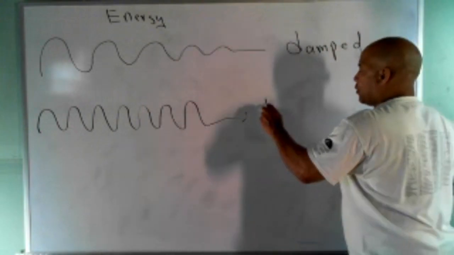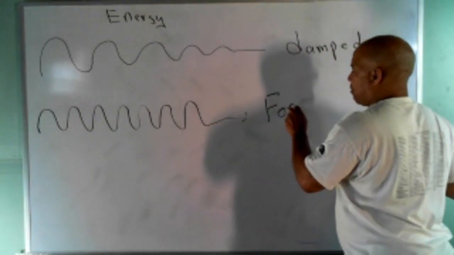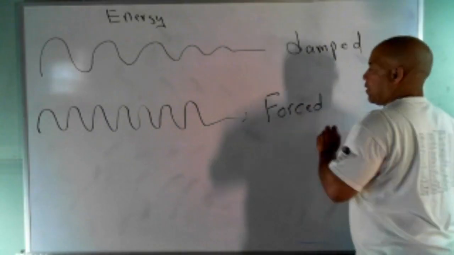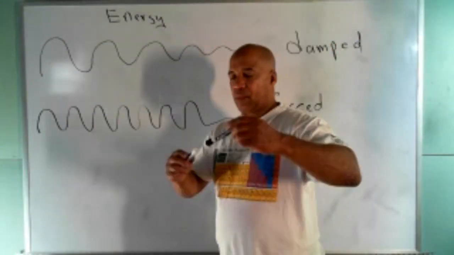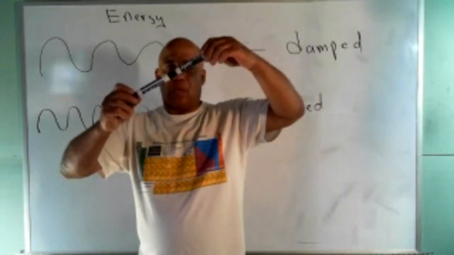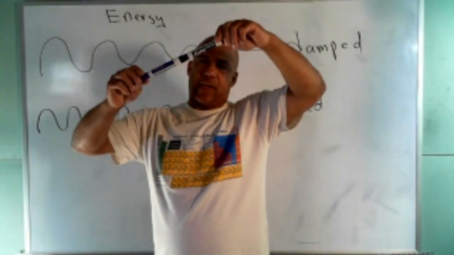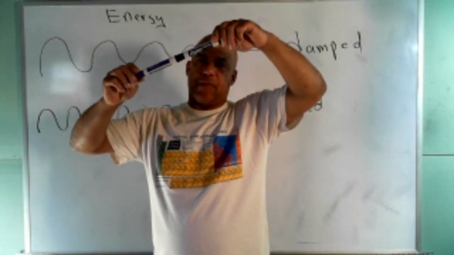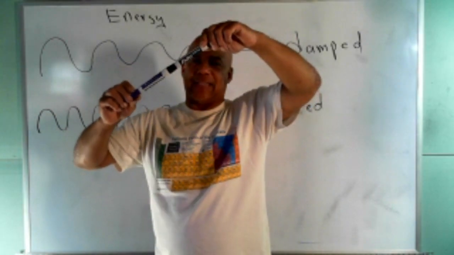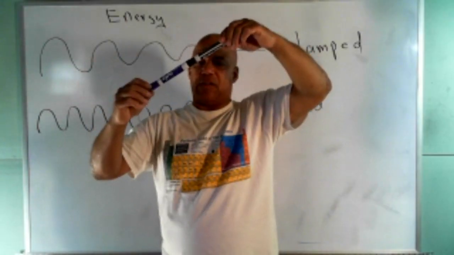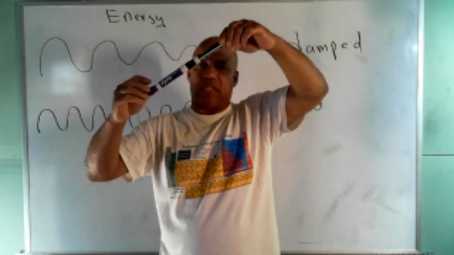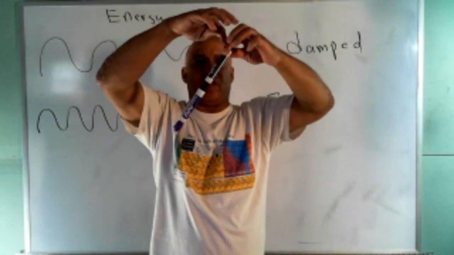This is a forced sine wave. This would be like you pull the kid back in the swing, you let it go. Now you know when you let it go, it's not going to go up as high over here as you pulled it back because there's some energy missing. Energy dissipated from the air resistance, and then there's friction right here.